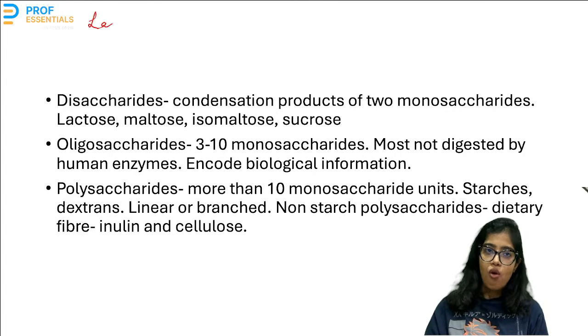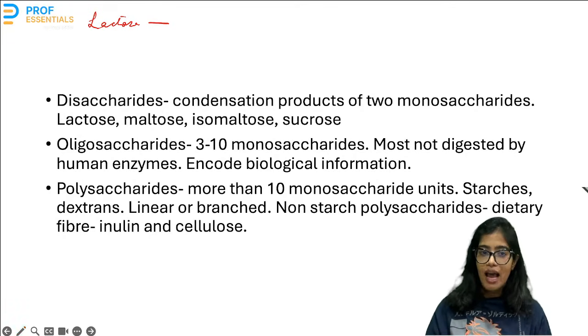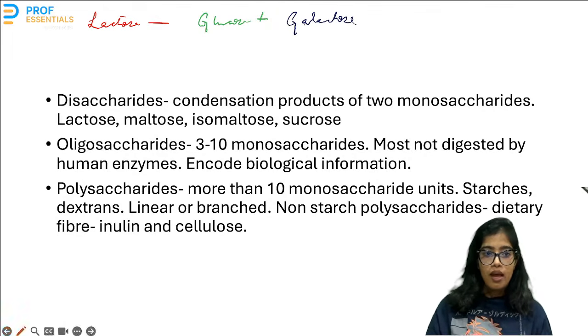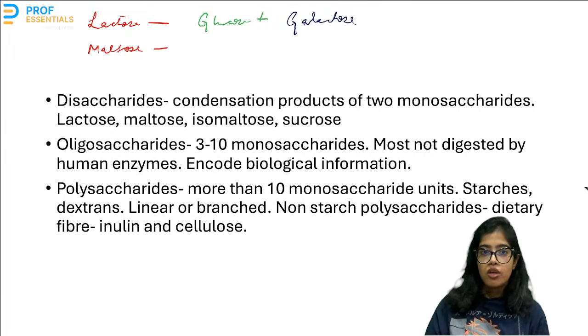Lactose is formed by the condensation of glucose and galactose. So glucose plus galactose will produce lactose. Now maltose is produced by the condensation of two glucose units, glucose plus glucose.